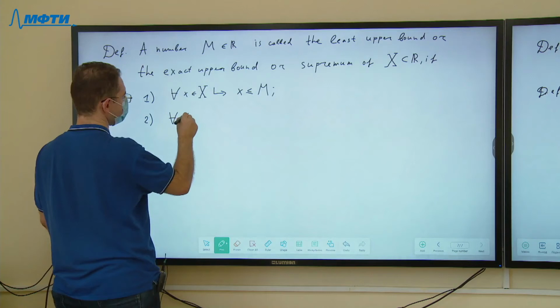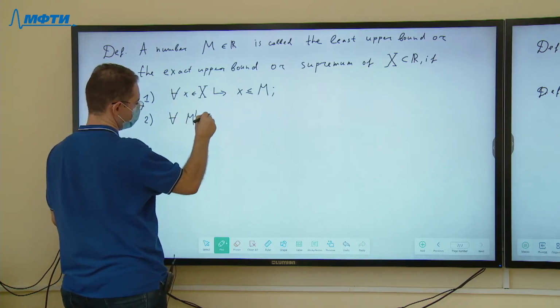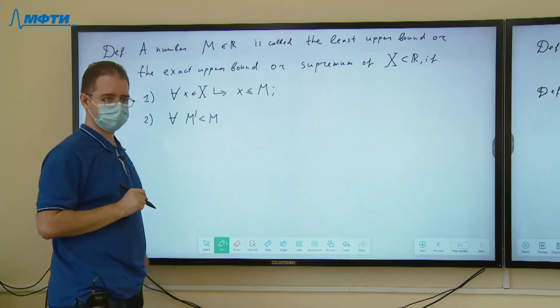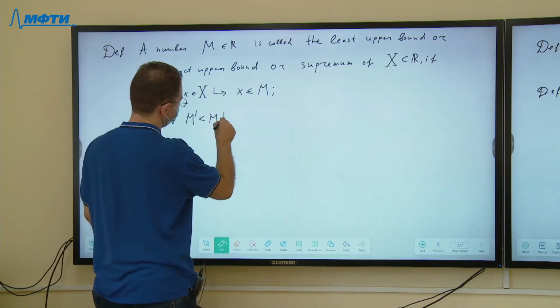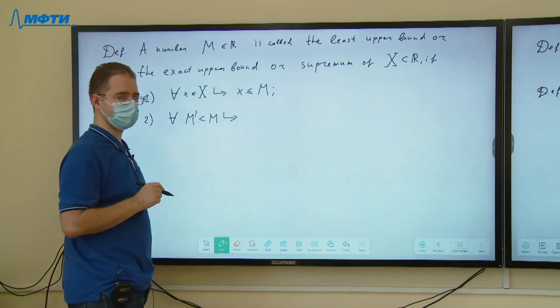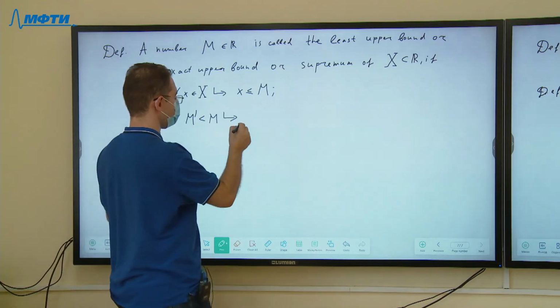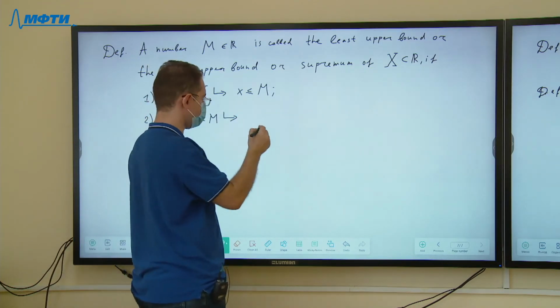For any M dash that is smaller than M, it follows that it is not an upper bound.